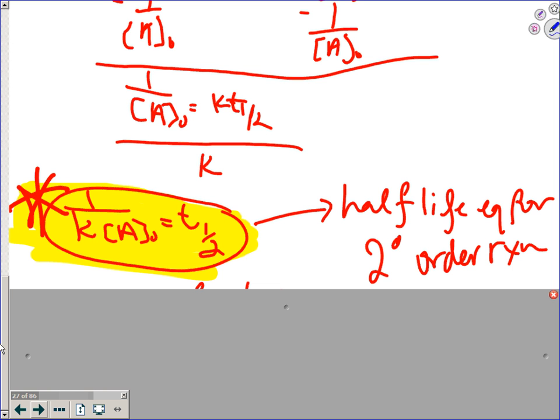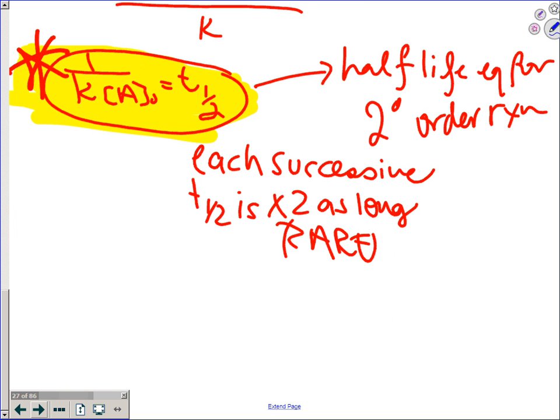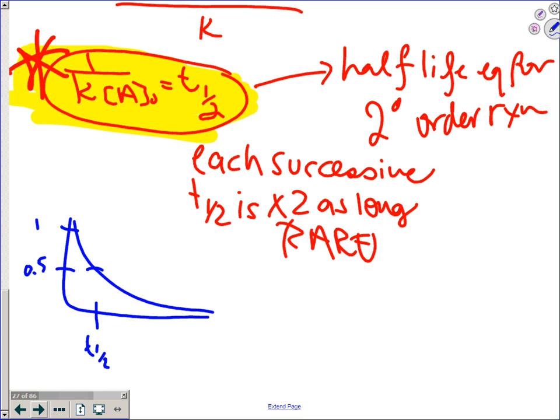Now you'll notice, is second order half-life dependent on concentration? Yes. Okay, so it's weird, we don't often see this, but for every next half-life, as concentration goes from 1 to 0.5, your half-life is going to be some t 1/2 here. But as you continue to go down, what's happening to half-life? Is it getting longer or shorter?